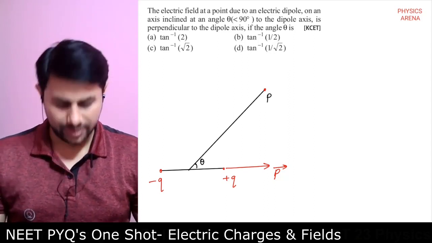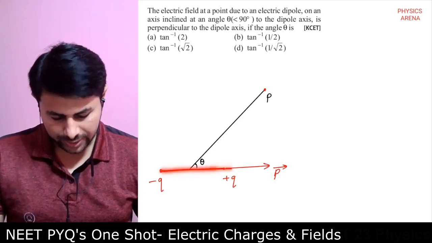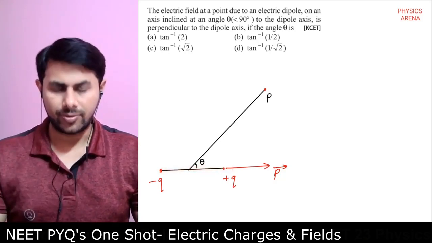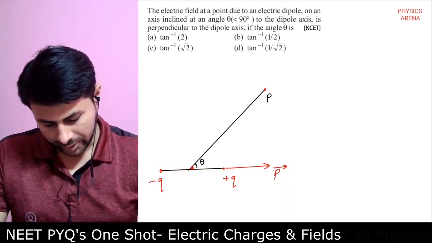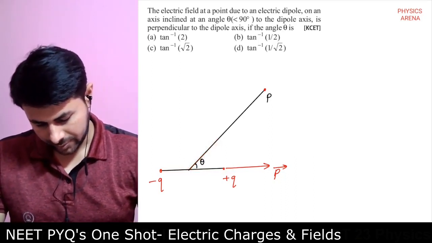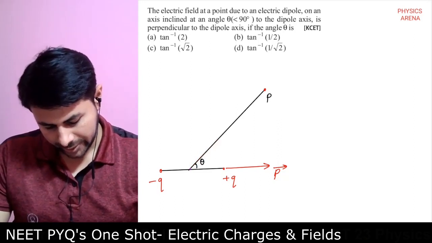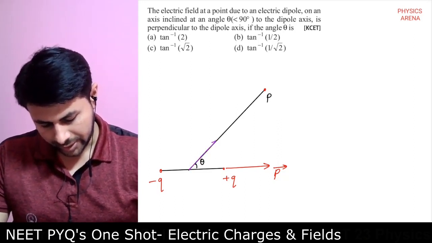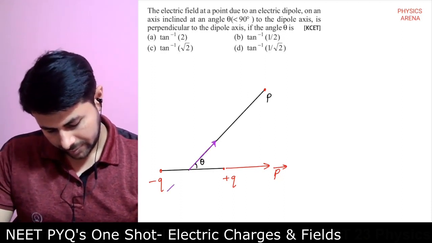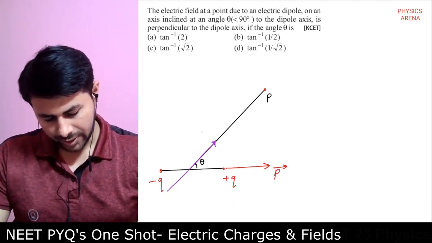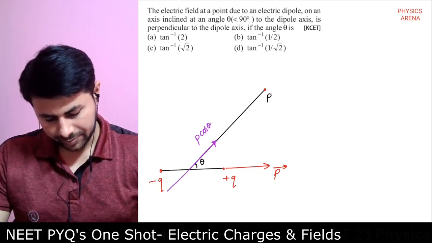So what we had done is we had resolved this dipole along two perpendicular axes. Okay, so one along this one. So what was the component? So we can draw it like this. Okay, so this is P cos theta.